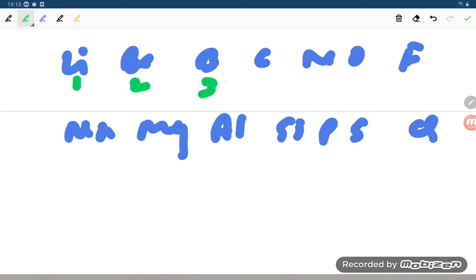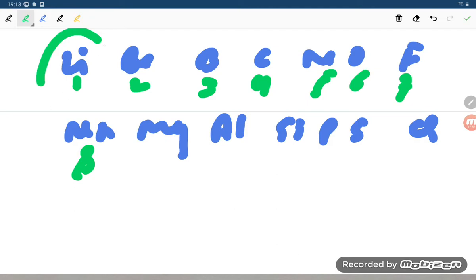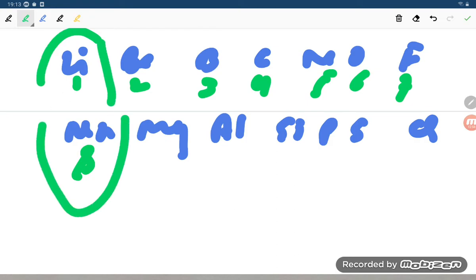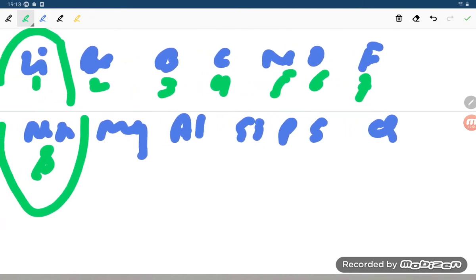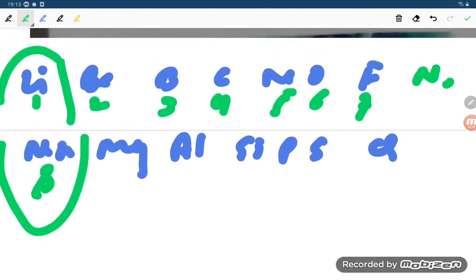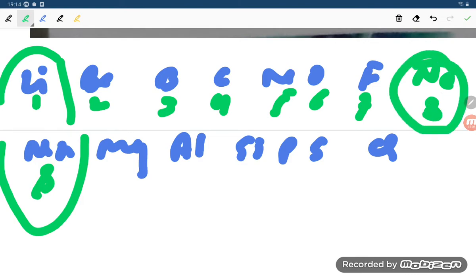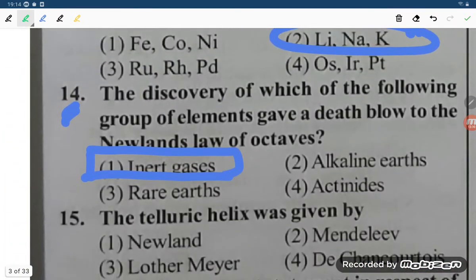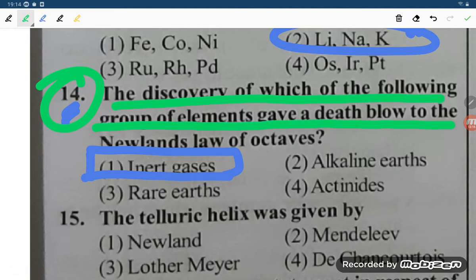So 1, 2, 3, 4, 5, 6, 7 and this is 8, which should have similar properties to the first. But when the noble gas was discovered, after fluorine neon comes, so neon becomes the 8th element. Lithium and neon cannot have similar properties. So after the discovery of inert gases, this model failed. The discovery of which group of elements gave the death blow to Newlands' law of octaves? Inert gases.